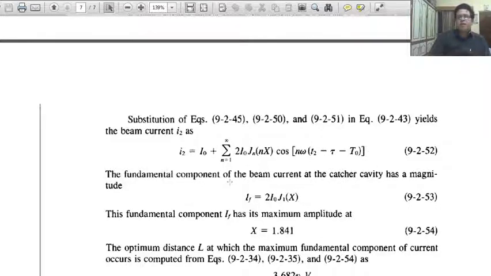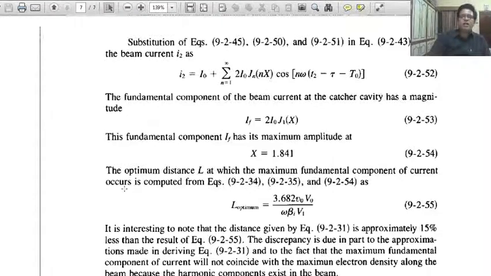The fundamental component of the beam current at the catcher cavity has a magnitude twice I0 J1(x). Twice I0 J1(x) is the fundamental component, and the fundamental component IF has its maximum amplitude at x equal to 1.841.